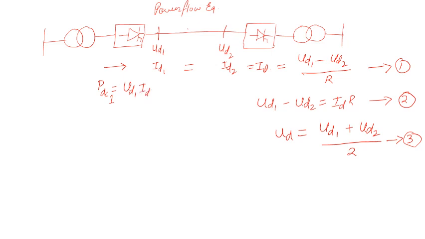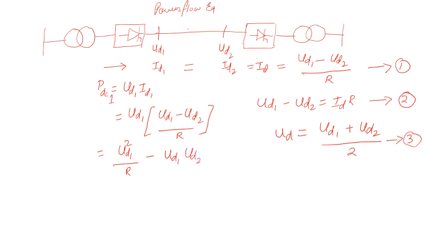So UD1 ID1, where ID1 is nothing but your ID, you can write it like UD1 minus UD2 divided by R. So you will find it will be UD1 square divided by R minus UD1 into UD2 divided by R, that is equal to PDC1, right?